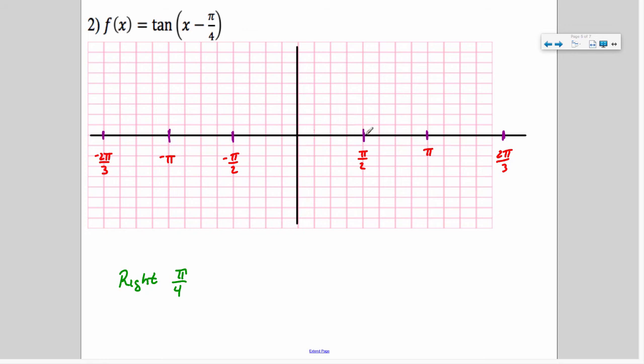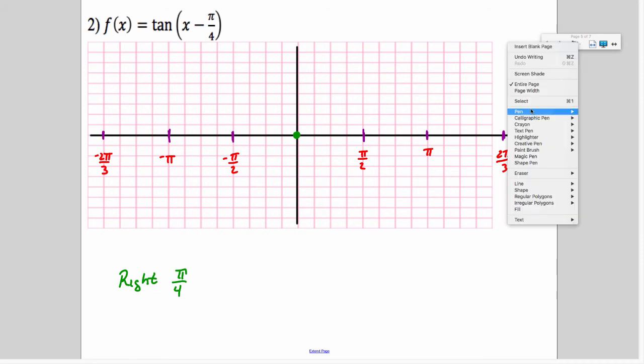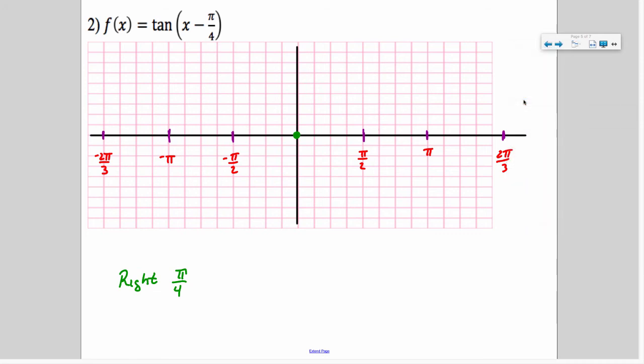So you might have to do some work here to figure out that pi over 4 is halfway from 0 to pi over 2. What would a shift to the right of pi over 4 look like?